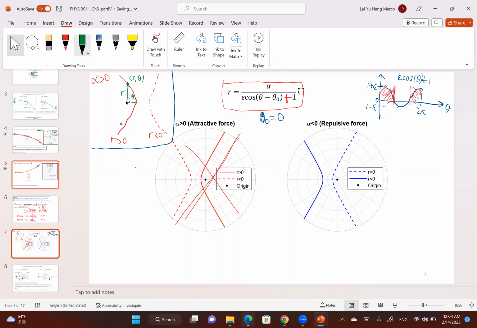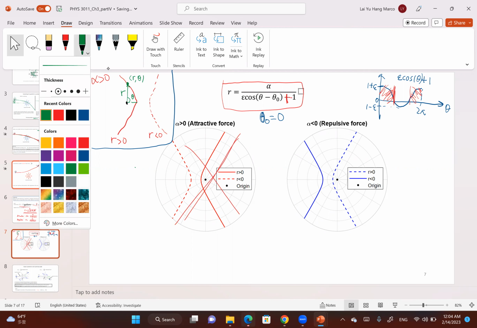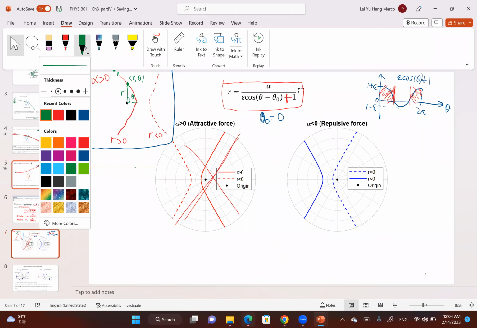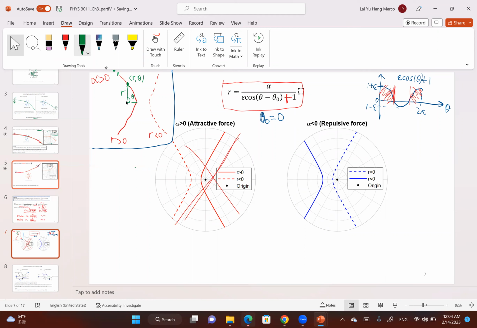As you get to larger and larger theta, you get to here, over there, until R equals infinity, where you still have some finite value of theta.